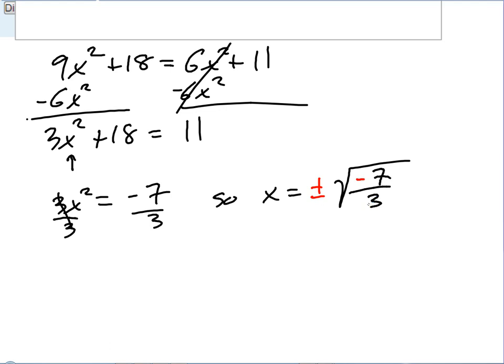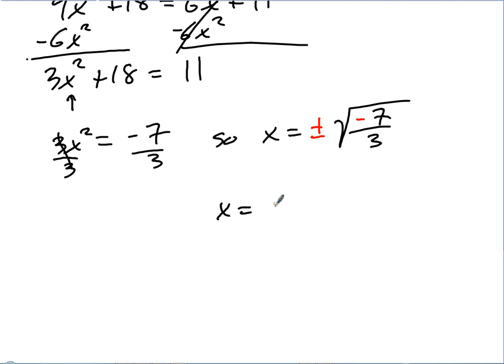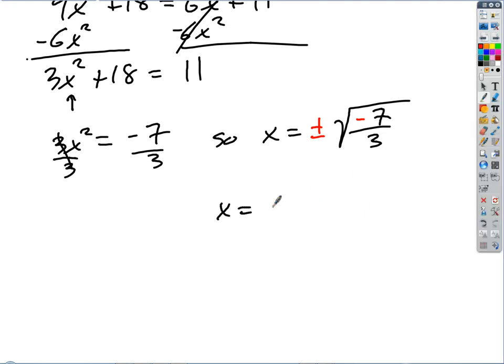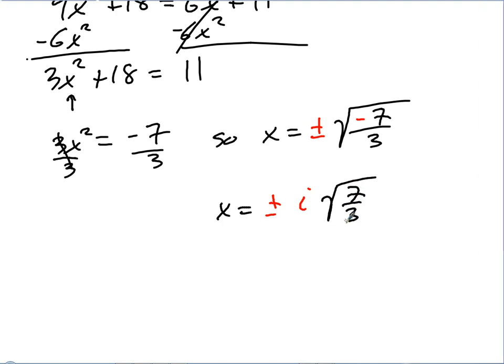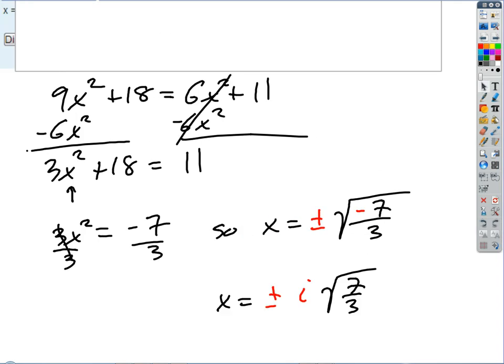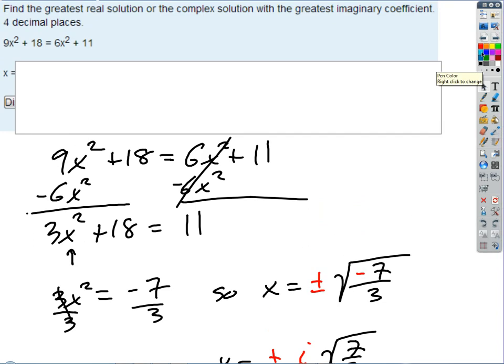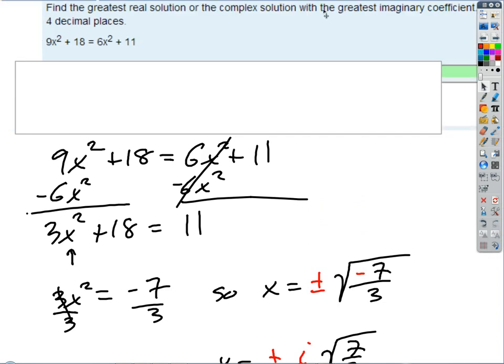So that's going to look like x equals plus or minus i times the square root of 7/3. Which one do we want? The plus. And even though it gives you the option of entering this as a decimal, the reason being because it wants the greatest.